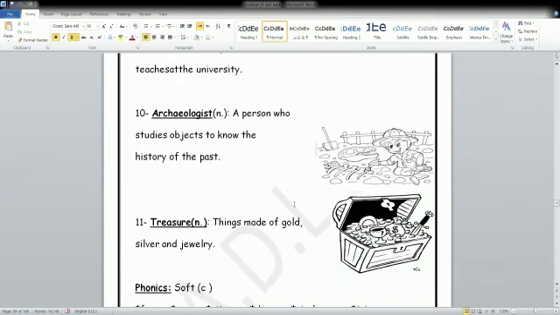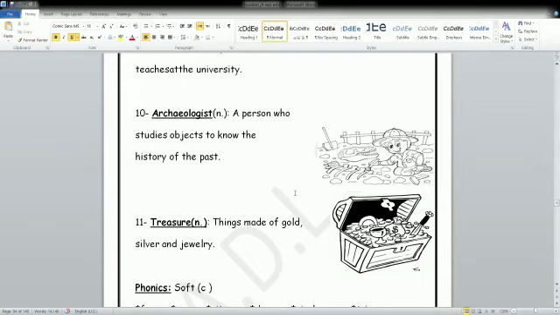Number 10, an archaeologist, a person who studies objects like stones, pots, statues, houses, tools, to know the history of the past, to know more about the history.